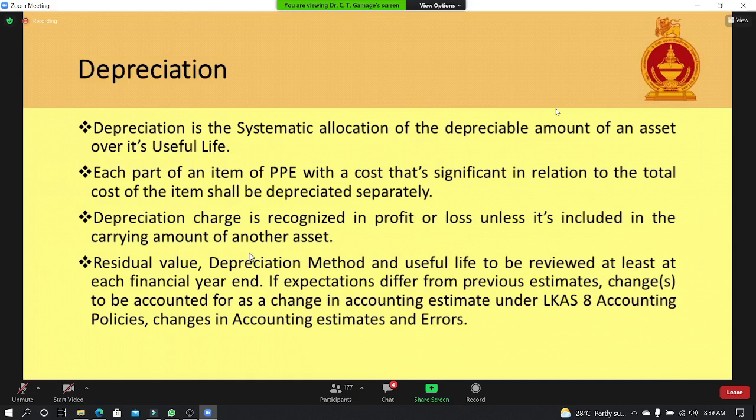Depreciation charge is recognized in profit and loss unless it's included in the carrying amount of another asset. Residual value, depreciation method and useful life are to be reviewed at least at each financial year end. If expectations differ from the previous estimate, changes are accounted for as changes in accounting estimate under LKAS 8, Accounting Policies, Changes in Accounting Estimates and Errors.